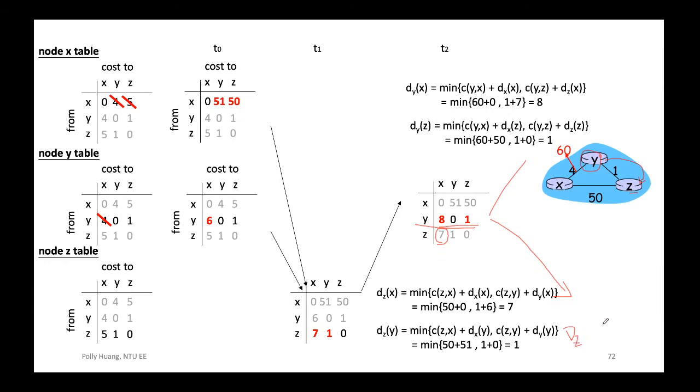And guess what? The next is going to be 9, 1, 0. And back to y, 10, 0, 1. All the way until z finally discovers that 50 is the true cost to x, so in dz the value becomes 50, 1, 0.